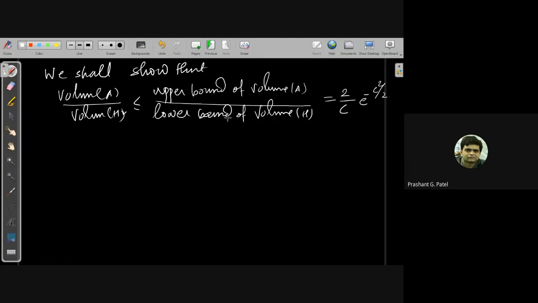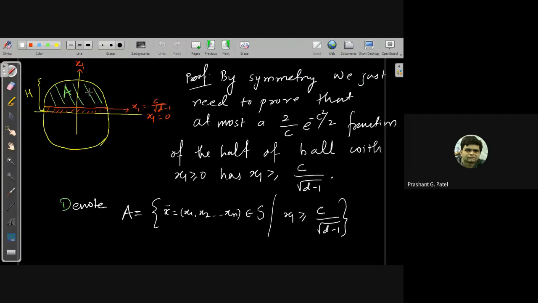This is our objective. Now to calculate the volume of A, it is this portion that we have. We are taking the integration with respect to x1, because here x1 is changing from this line to this one. So you can observe that we need to have a horizontal line here.